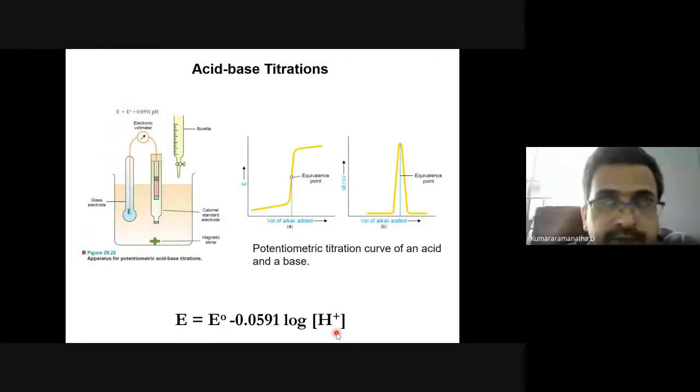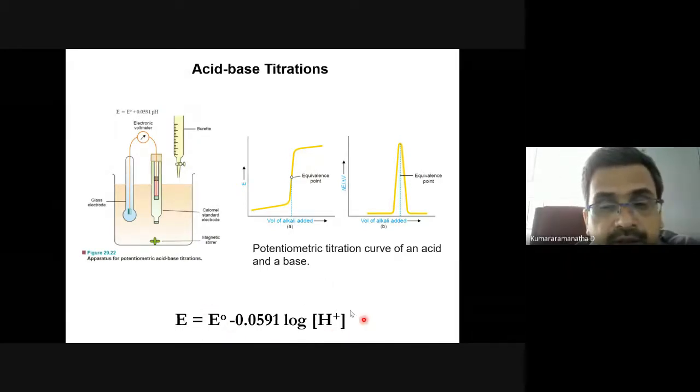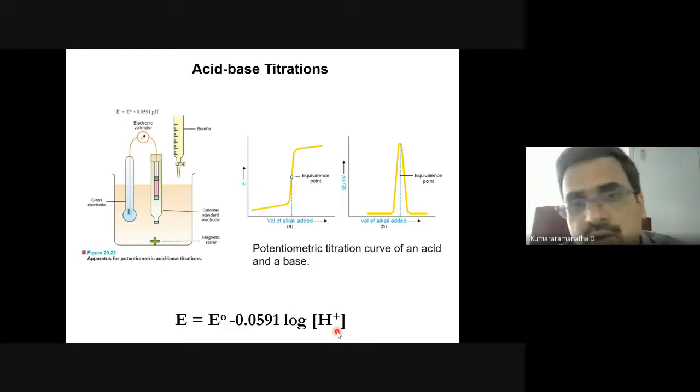I think many of you are already aware of that part. So if you simplify this expression, we get E naught minus 0.059 log concentration. So this is all about potentiometric titrations, or acid-base titrations, applied from the Nernst equation.